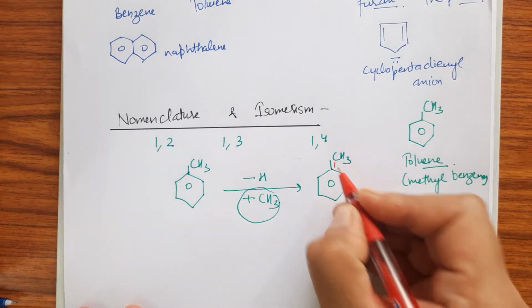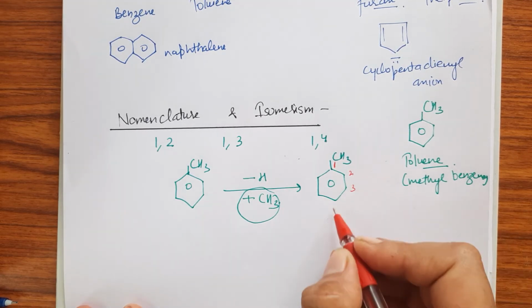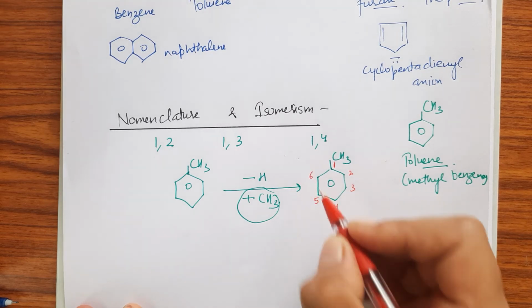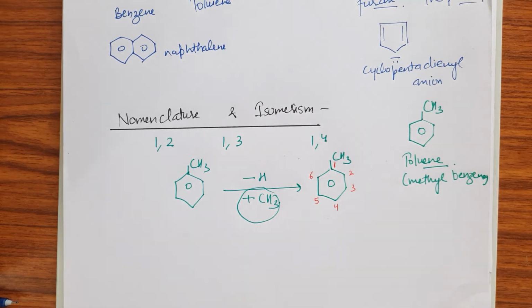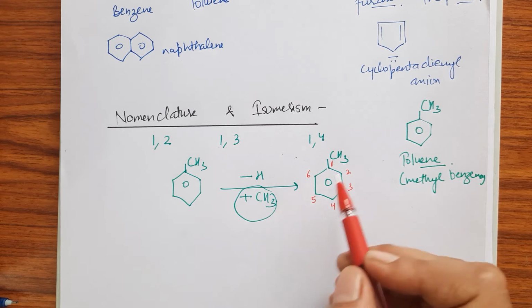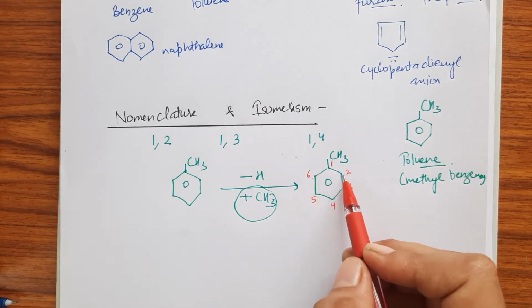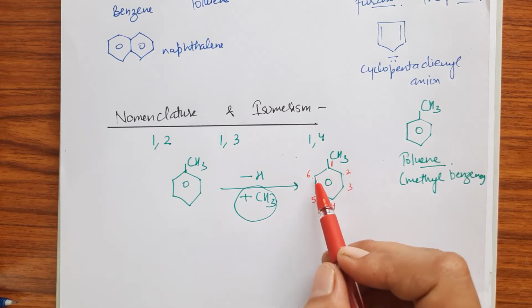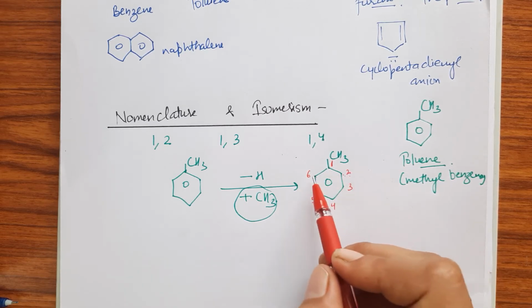Like this is position 1, this is 2, this is 3, this is 4, this is 5, and this is 6. So there will be three possibilities for the formation of di-substituted product. The first one is that CH3 can be attached through 2 or 6 position, because both the positions are similar. So 1,2 or 1,6, they are the same compound.